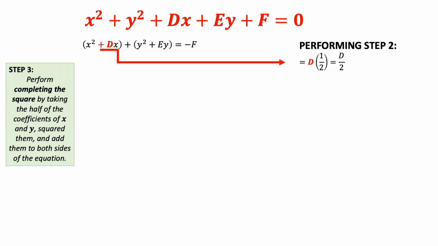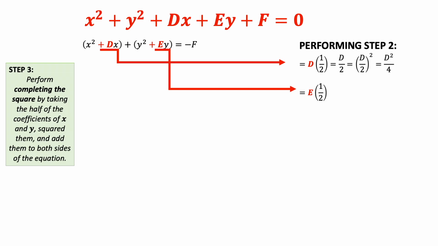Now, if I square d over 2, it will give me d squared over 4. I will do the same to the coefficient of y. Multiplying positive e by 1/2, I will have e over 2. Then, squaring quantity e over 2 will give me e squared over 4.